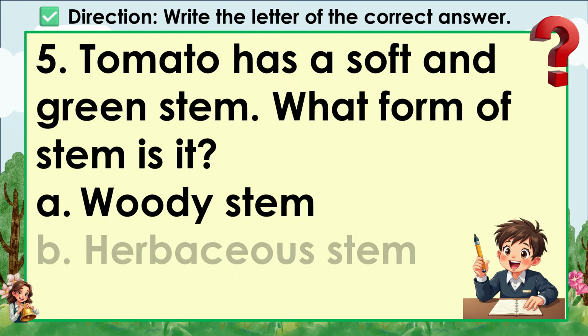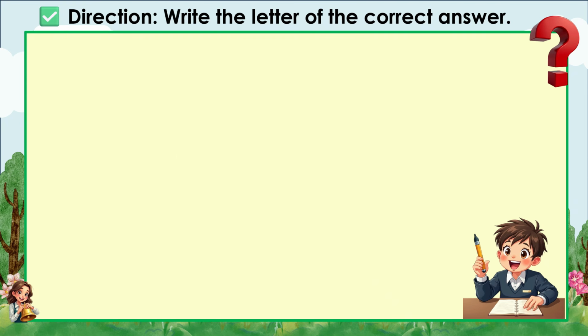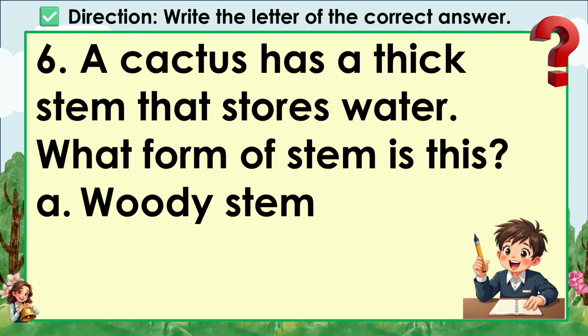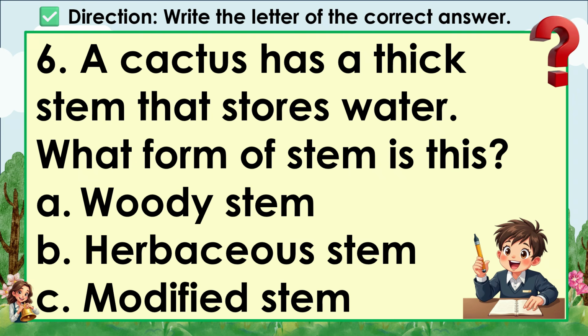A. Woody stem. B. Herbaceous stem. C. Modified stem. 6. A cactus has a thick stem that stores water. What form of stem is it? A. Woody stem. B. Herbaceous stem. C. Modified stem.